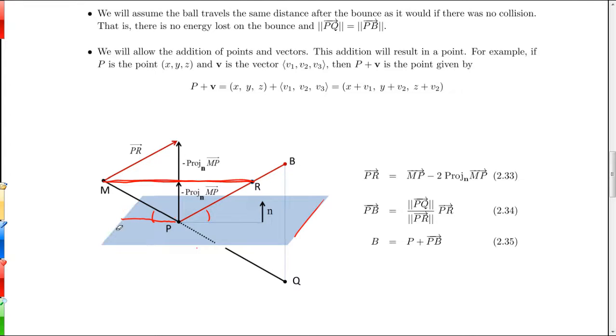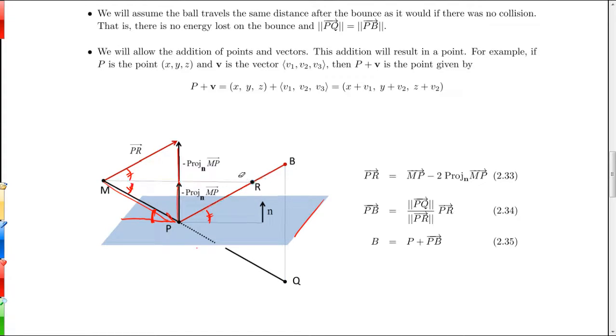And so this angle here is going to be equal to this angle here by alternate interior angles from geometry, right? And then I know I went up the same distance here as I did here, so these two angles are the same, and this angle are the same. So I basically have the angle that I hit is the same angle that I bounce.